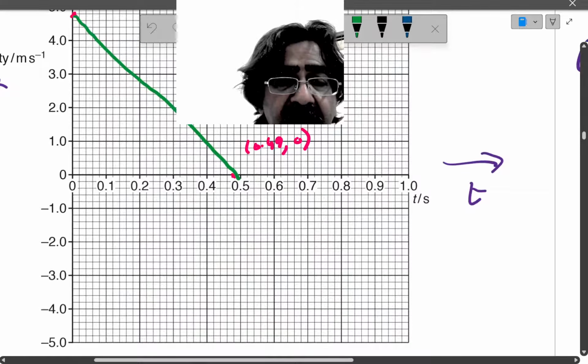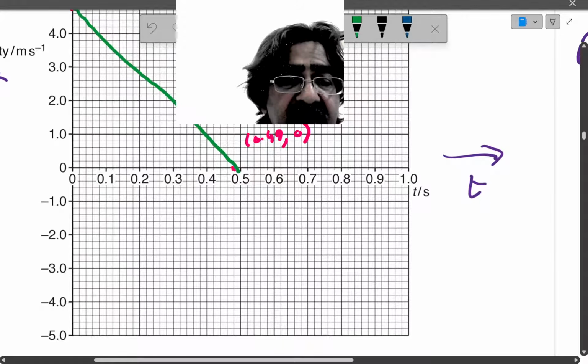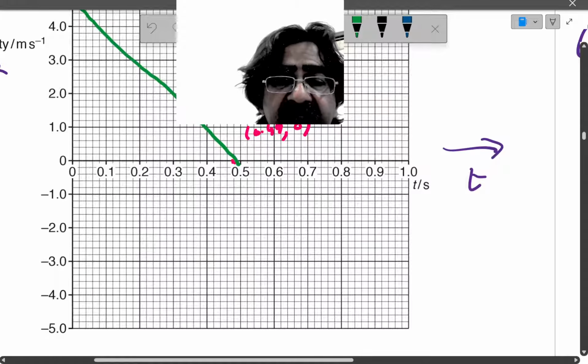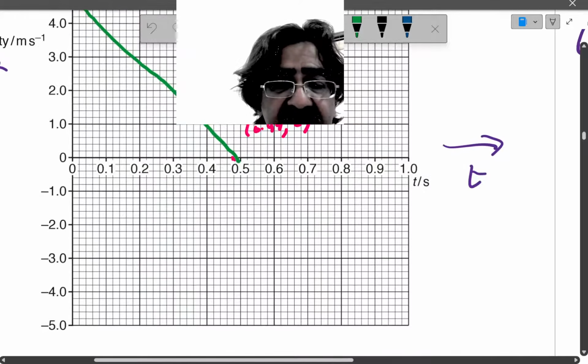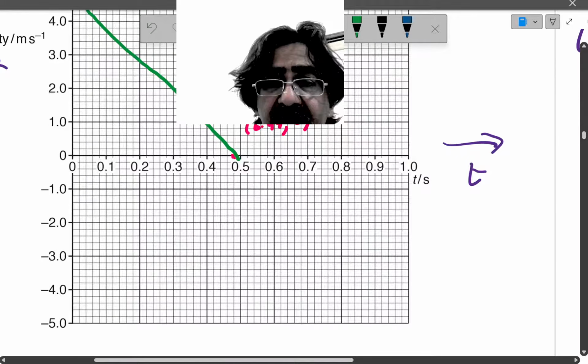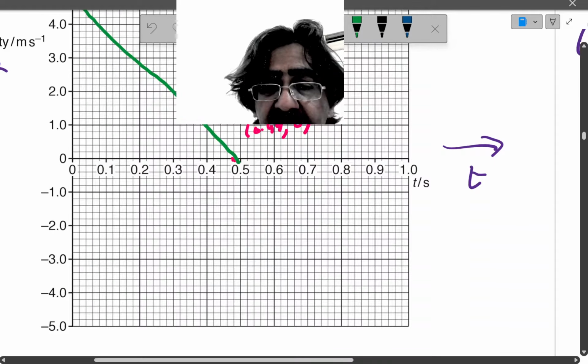So the sign of the velocity will be reversed, with the same value but with the negative sign.